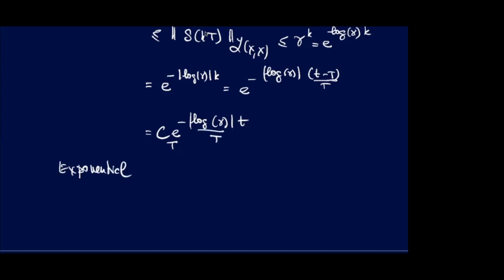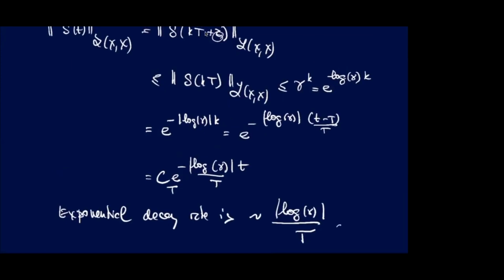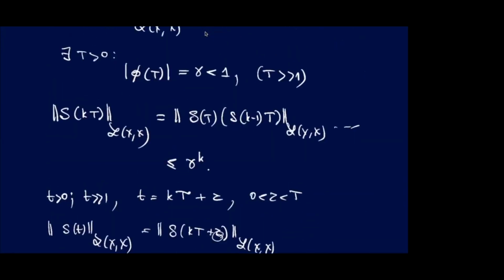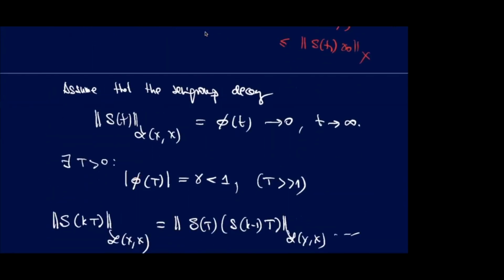The exponential decay rate is of the order of the log of gamma divided by capital T, right? And it makes sense that the decay rate depends both on gamma and capital T, right? Because somehow when you write this down, both capital T and gamma give you a measure of the dissipativity of the system, right?